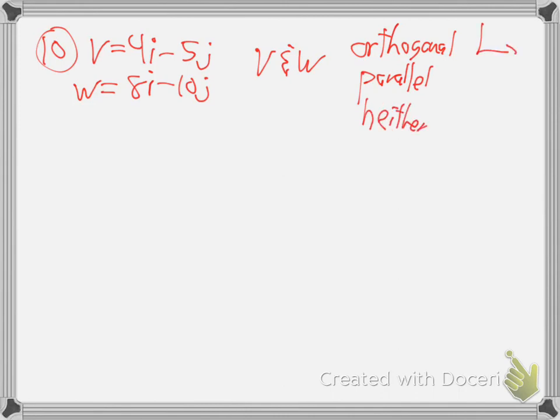So orthogonal would be like 90 degrees. Parallel would be headed the same direction. And neither would be not parallel and not 90 degrees either. Like with streets, a street corner, those are orthogonal at an intersection. And then parallel streets are those that go the same way. And then neither, that'd be like weird streets that head off in slightly different directions, but not exactly 90 degrees.